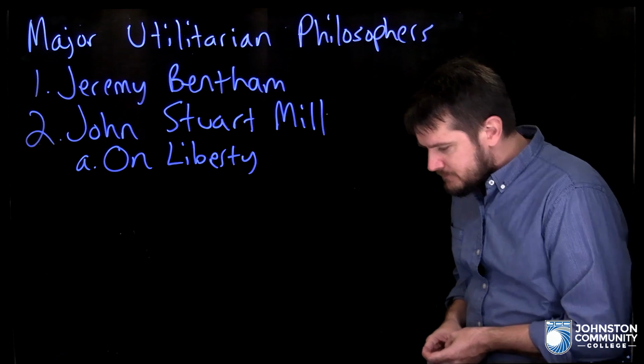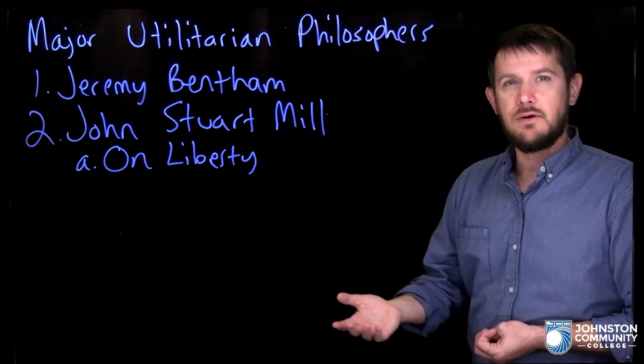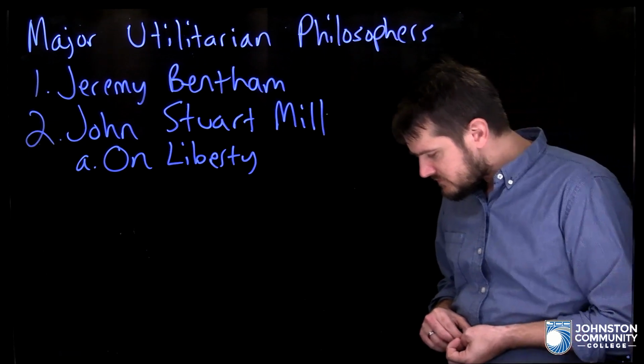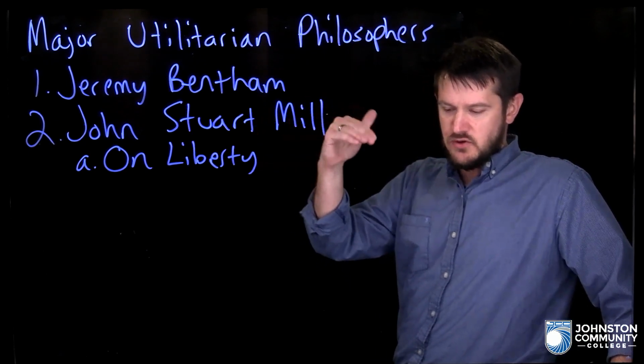That is, freedom of thought and freedom of speech is good because it promotes the growth of knowledge. And he has a great argument. It's worth going through because it gives you an idea of the way John Stuart Mill's mind works.